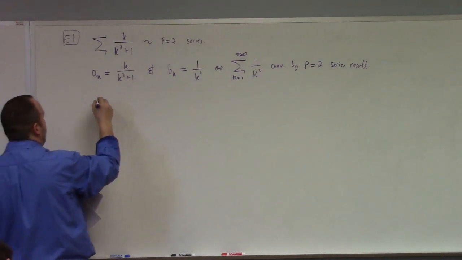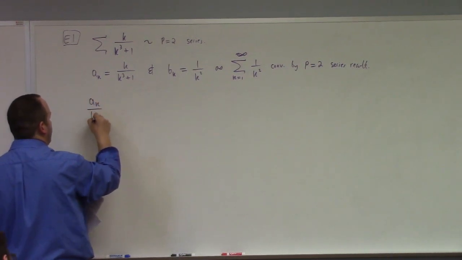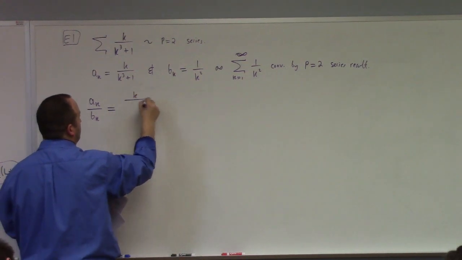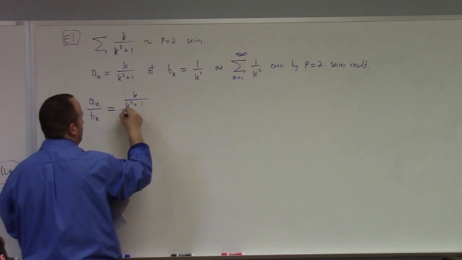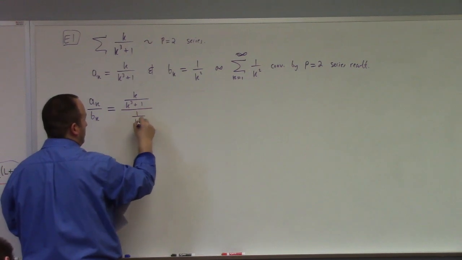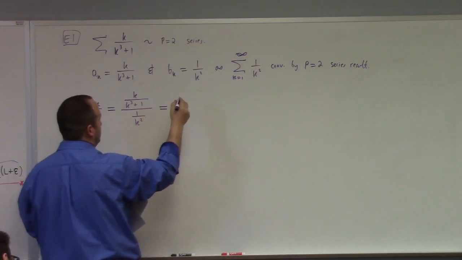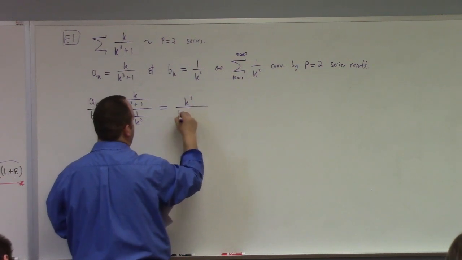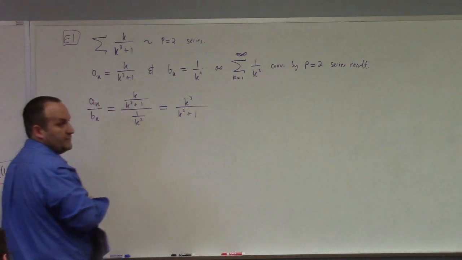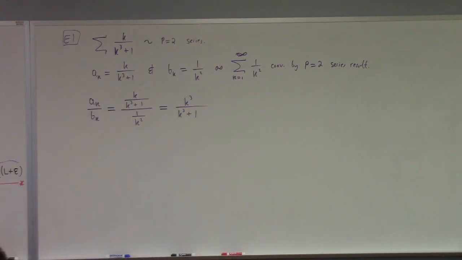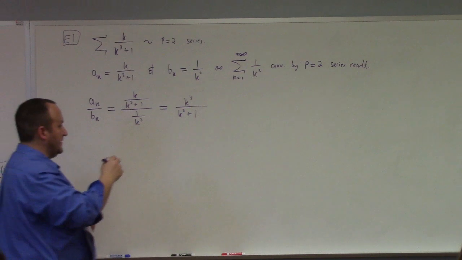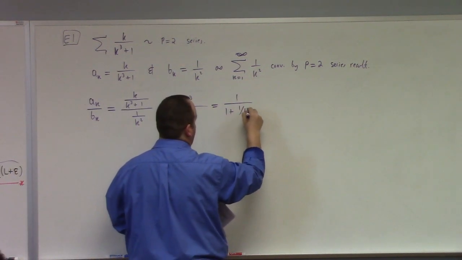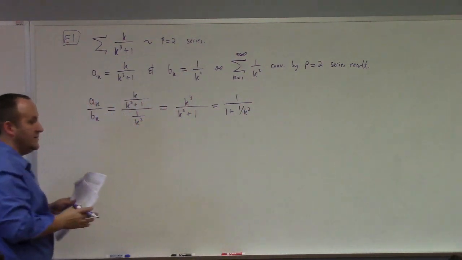So what does a sub k over b sub k look like here? We have to do some algebra. We get k cubed divided by k cubed plus 1. Let's divide the top and the bottom by k cubed. What does that give us? One over 1 plus 1 over k cubed, right?